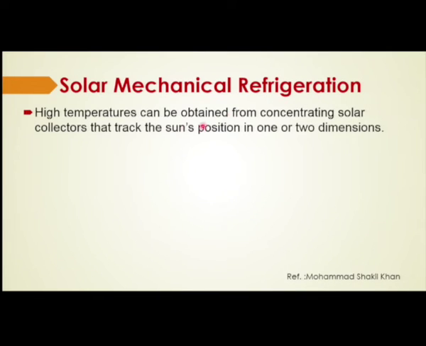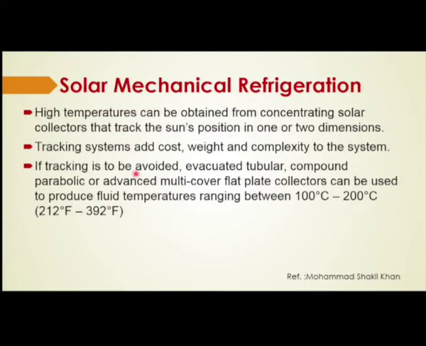The solar collector is always tracking the sun, because in the morning the sun position is different, in the afternoon it is different, and in the evening it is different. So, according to the sun position, we can track the solar collectors in one dimension or two dimensions, so that we get maximum energy from the solar panel.